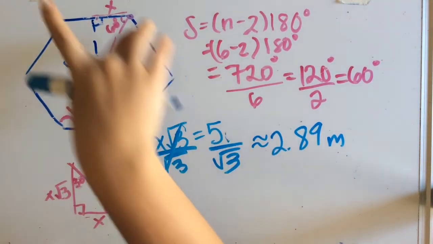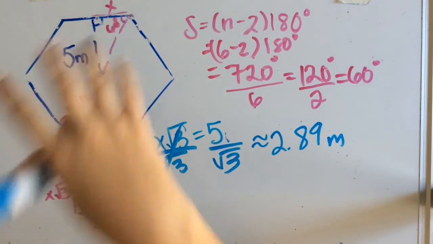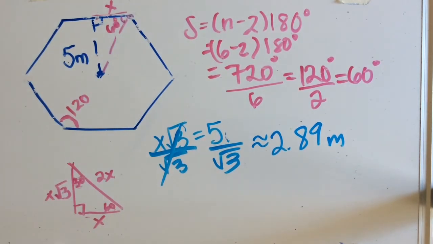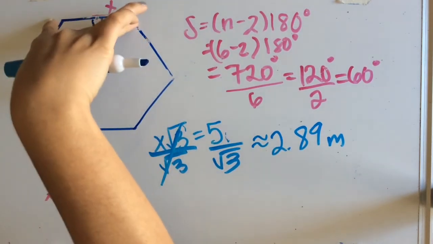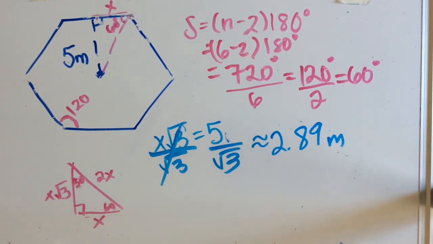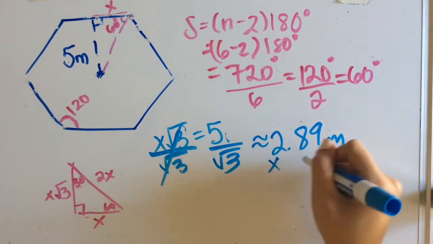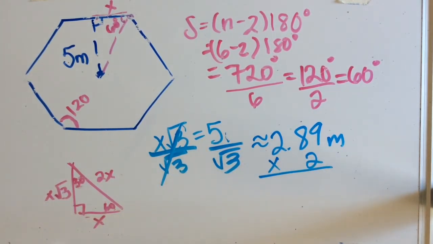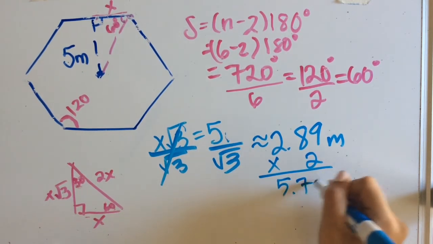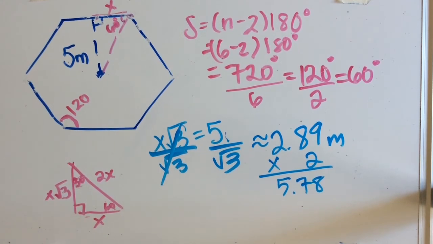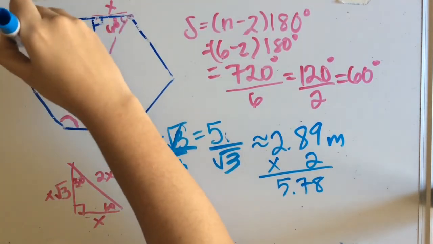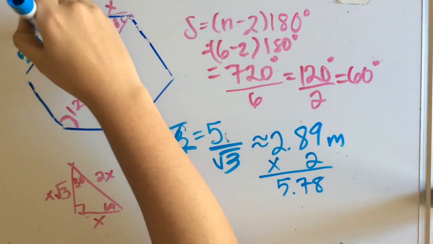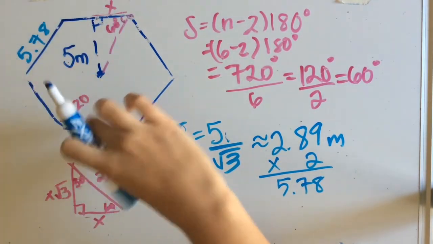And I need that full side length to find the area of this regular polygon. So I'm going to double it. Since this is half of my whole side, I'm going to multiply this by 2. And when I multiply by 2, I end up getting 5.78. So one of my sides right here is 5.78. It doesn't matter which one because they're all the same length.